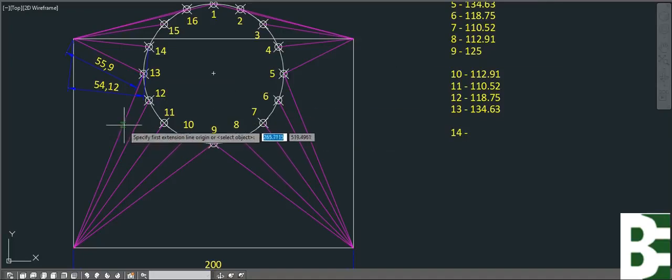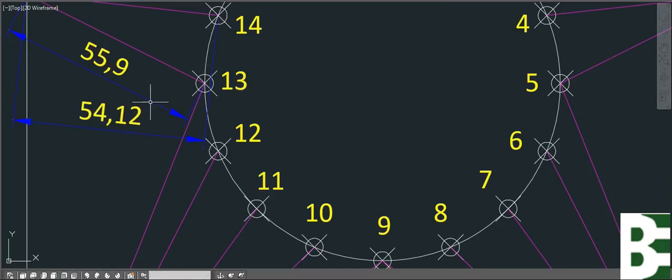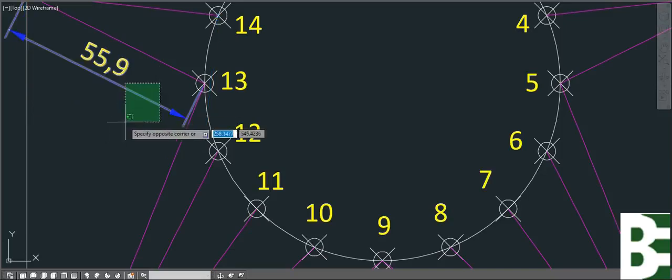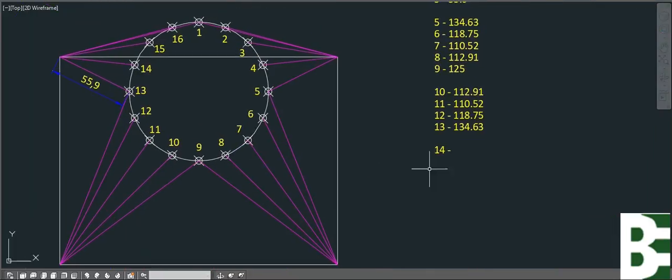This number 13 also has two dimensions, because this number 13 is touching both corners, same like number 5. So I will mention 13 two times because we have two dimensions in number 13.